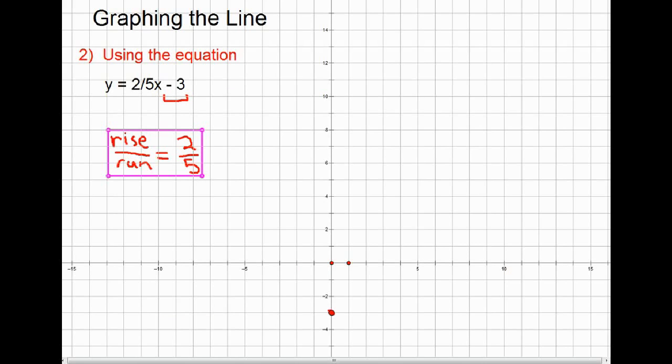So in this case now we have a run of 5, and it's a positive 5, so that means we go to the right 5 places, and our rise is 2, so we have to go up 2.